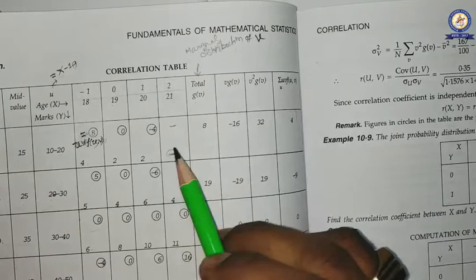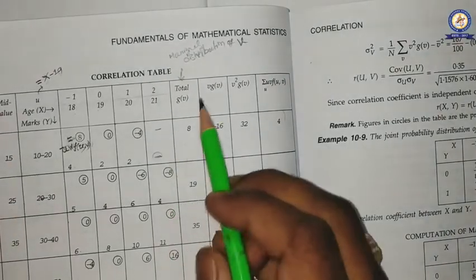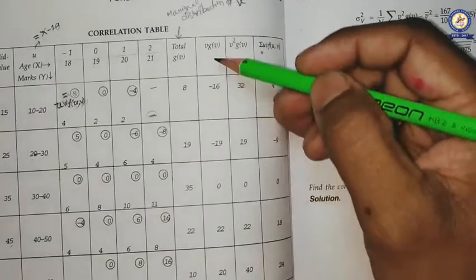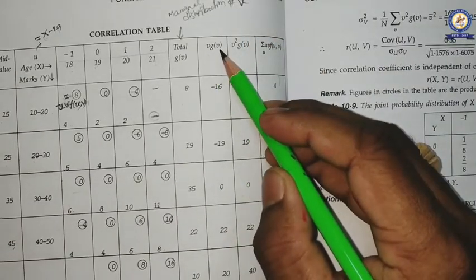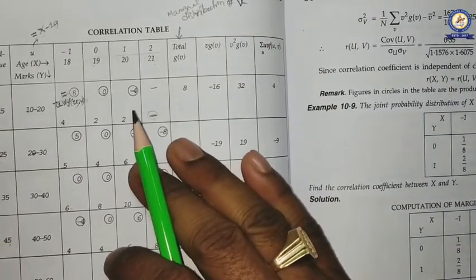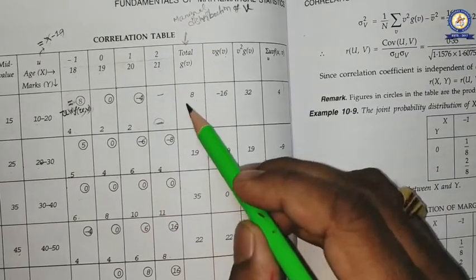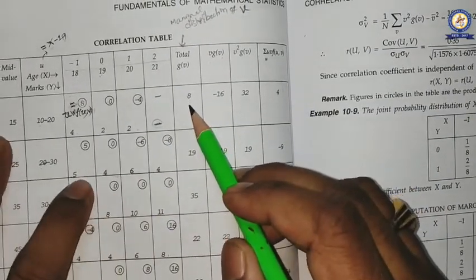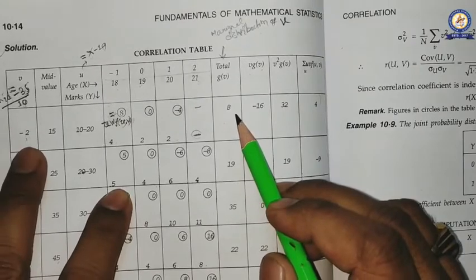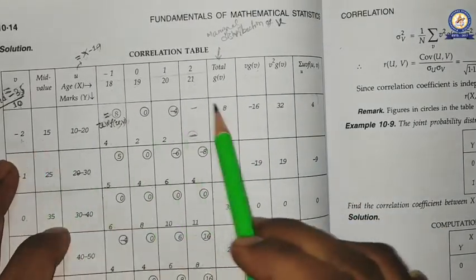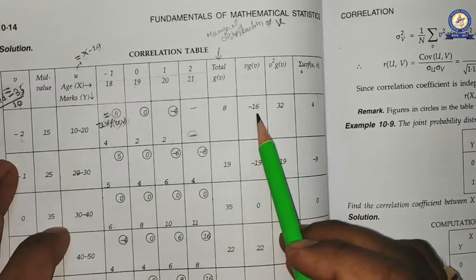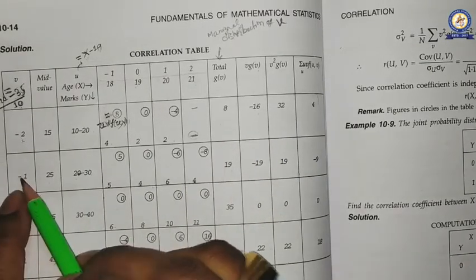Now we are going to multiply V into GV, and this is the column for V into GV. We have GV here, and the corresponding V is minus 2. So minus 2 into 8 equal to minus 16. Then 19 into minus 1 equal to minus 19.